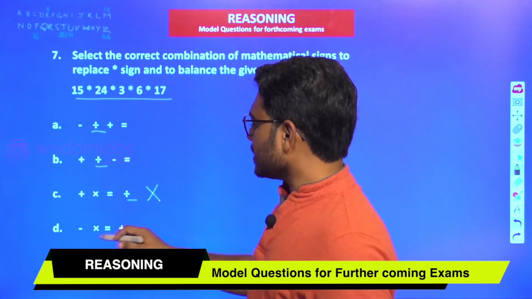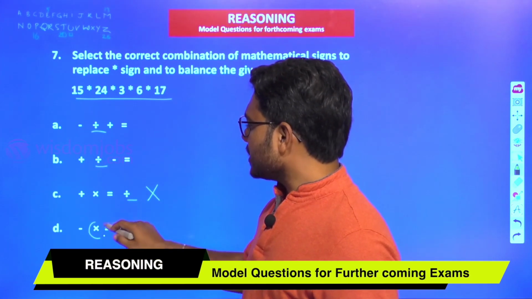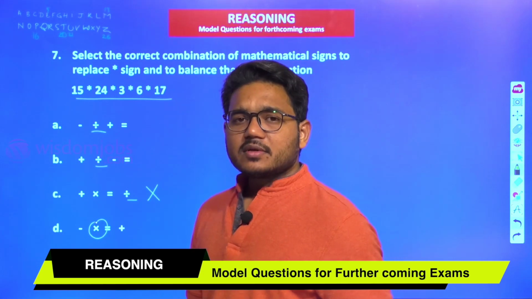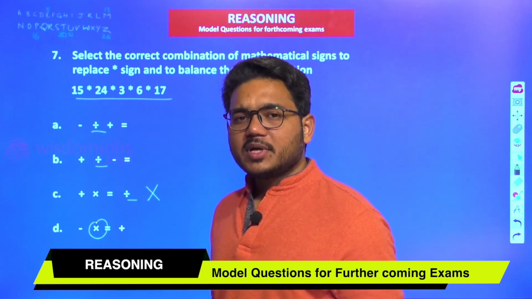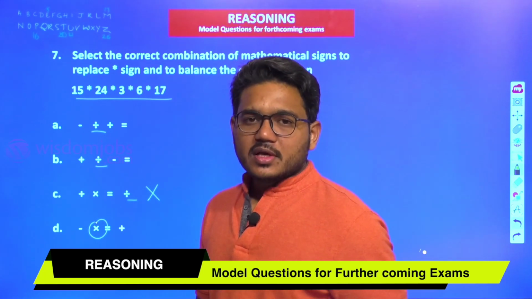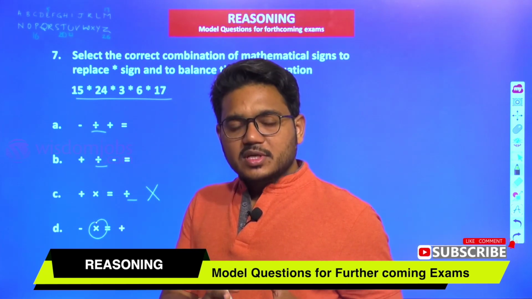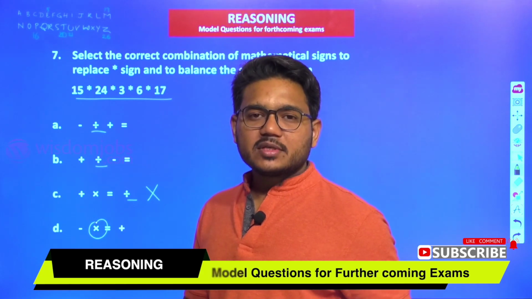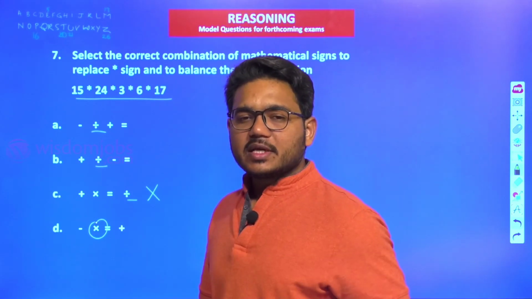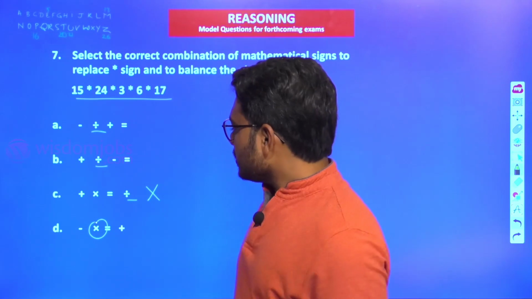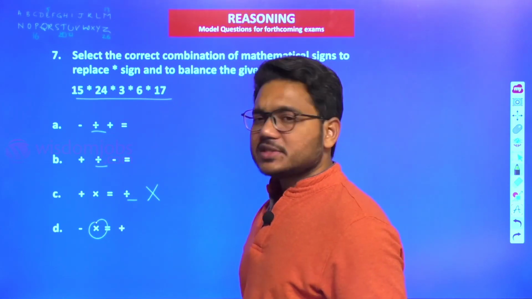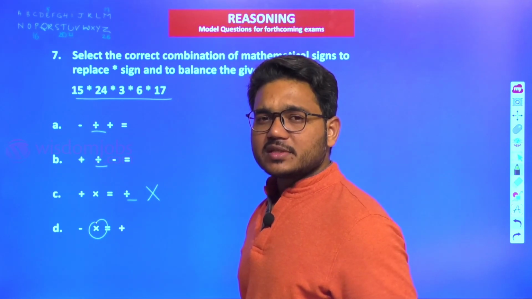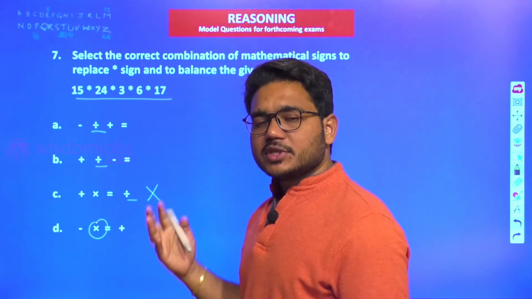Just check here. Then we'll move to multiplication. If multiplication is used, obviously the number will increase a lot, like an exponential increase. Suppose you check this multiplication here, 24 by 3, obviously it will become 72.